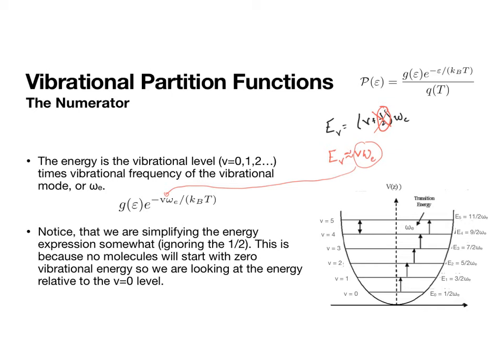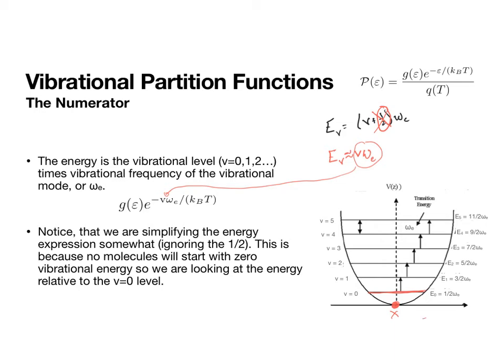And so how can we make this approximation that this 1/2 doesn't matter? Well, it turns out that the bottom of the vibrational energy well never exists. The first vibrational energy state is this v equals 0, and it's not equal to the electronic energy.